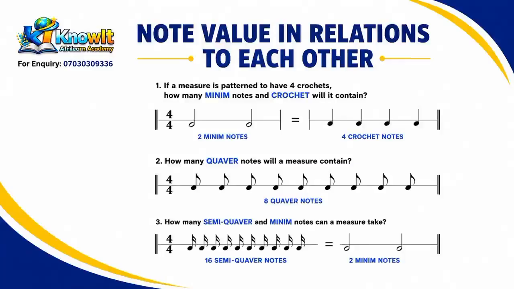But where we have 2 minim notes or 4 crotchets in a 4/4 timing, it would amount to 8 quaver notes. Correspondingly, if we decide to break it down to semiquavers, it will give us 16 semiquavers to 2 minim notes. This is just the mathematics you need to sit down and try to understand, so that once we begin to do practical application, you can follow along even more easily.